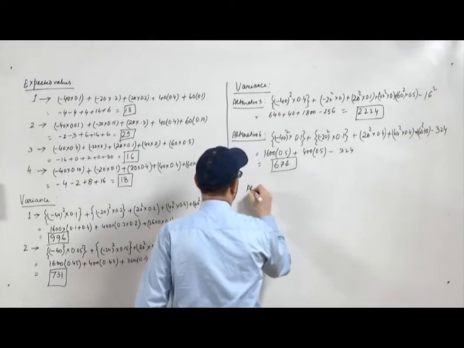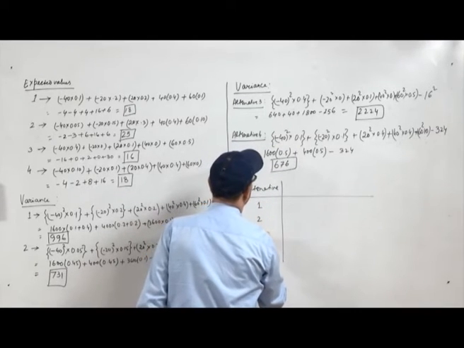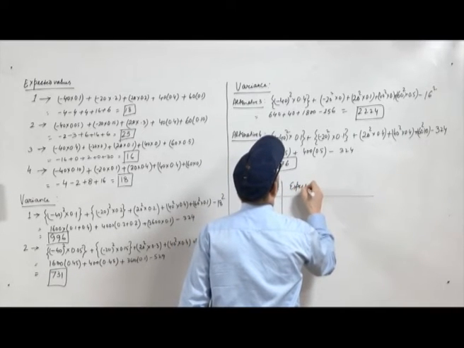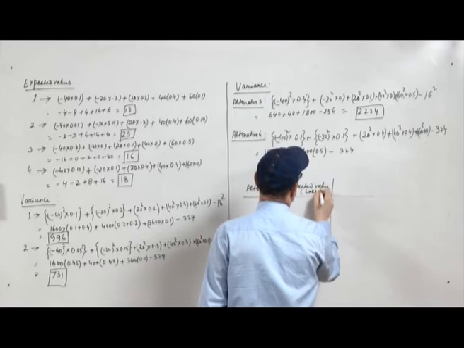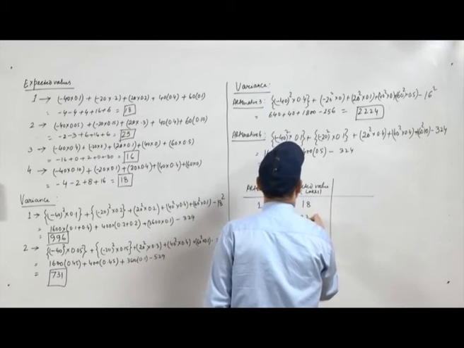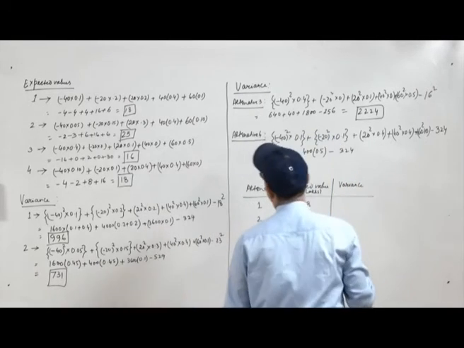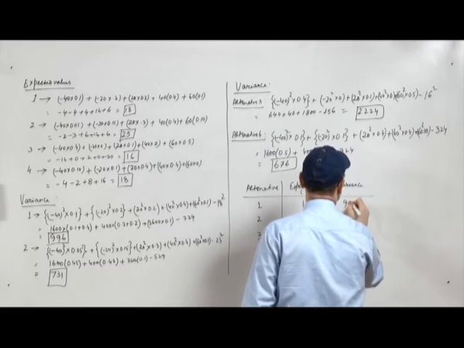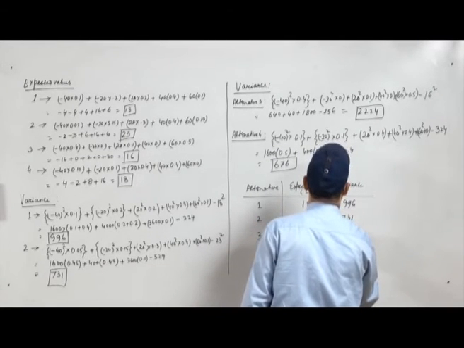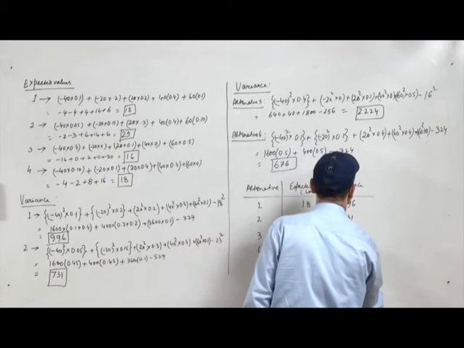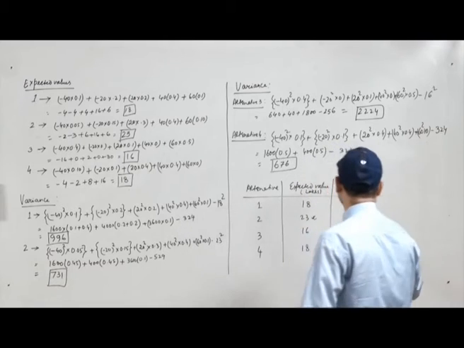For alternatives 1, 2, 3 and 4, the expected value is coming as, in terms of lakhs, 18, 23, 16 and 18, and the variance is coming out to be 996, 731, 2224 and 676.